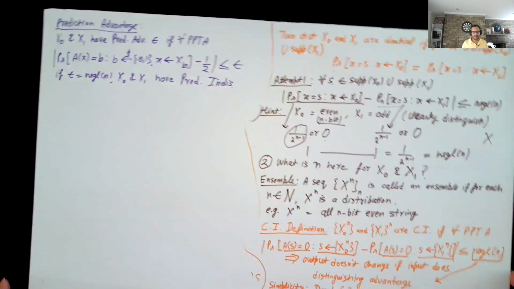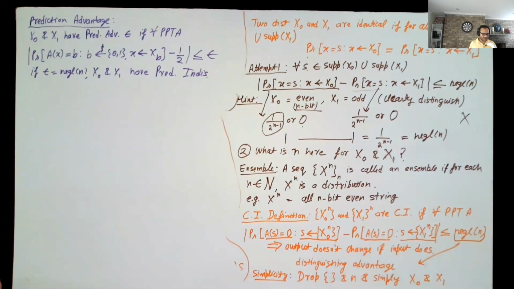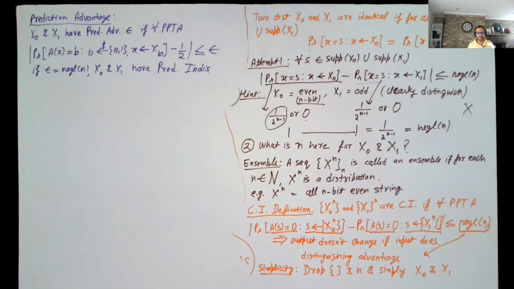Okay, so this might seem like a more natural definition. I have two distributions, I pick one of them at random, adversary sees a sample, and then adversary has to tell me which distribution I started with. But these two definitions are actually equivalent.